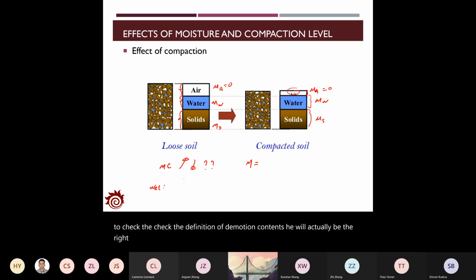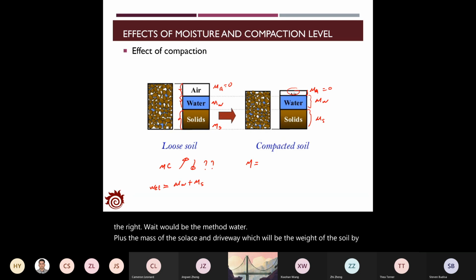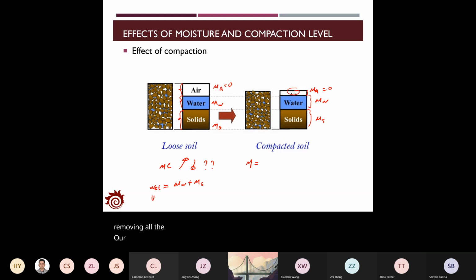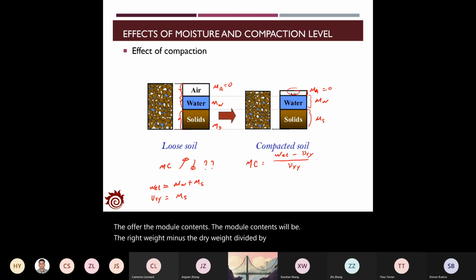The wet weight is the mass of the water plus the mass of the solids, and the dry weight is the weight of the soil with all the water removed, which is Ms. So the moisture content is the wet weight minus the dry weight, divided by the dry weight, times 100.